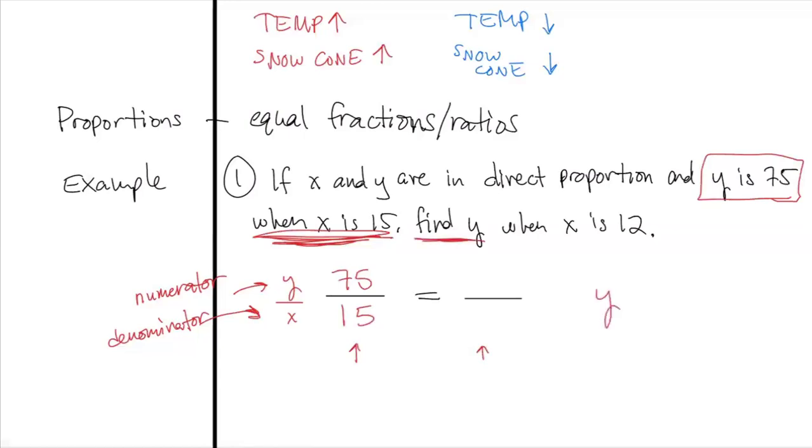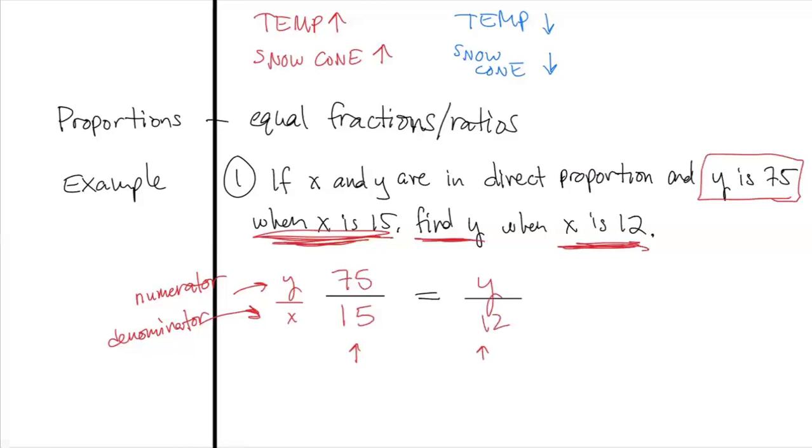I don't know what y is, so I have to figure out, does y go on top or bottom? I said I'm going to put my y's on top. So this y is going to go in the numerator. I'm going to find y when x is 12. So there's 12. X's are going to go on the bottom. So I'm going to put my 12 in the denominator. And this is the proportion that we have to solve here.